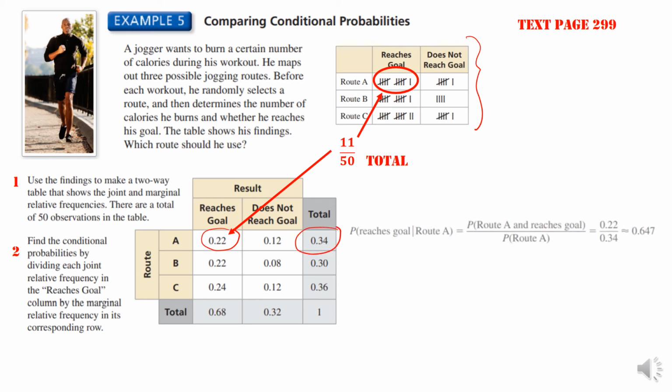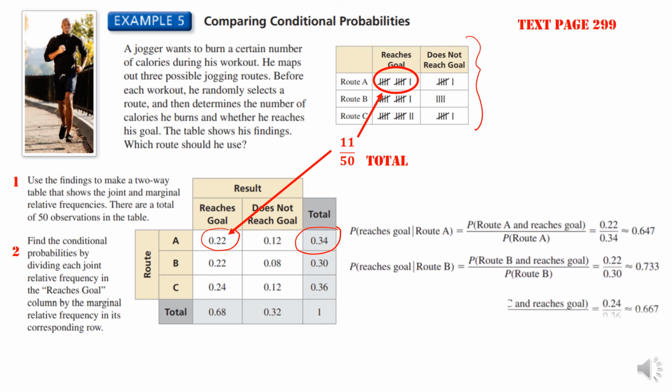Then he did calculations and found that the probability is best to reach his goal for route B. Okay, so that's how you do that kind of problem.